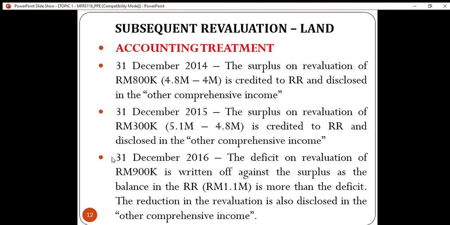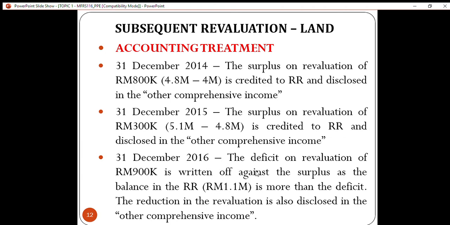However, on 31st December 2016, there was a deficit on revaluation amounted to 900,000, and this deficit is written off against the surplus as the balance in the revaluation reserve, that is RM 1.1 million, is more than the deficit.